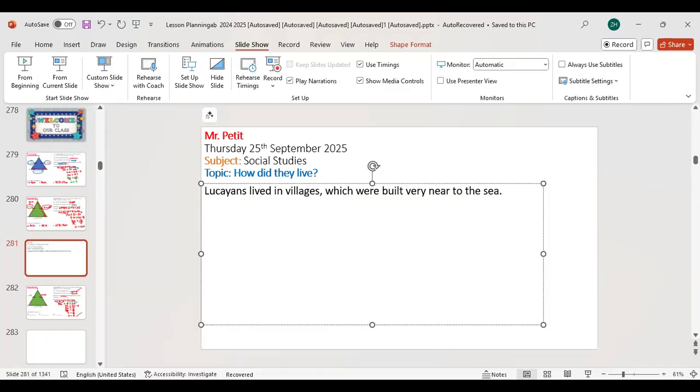Okay, right? The houses. So let's start with a cacique. Who is a cacique? The leader. Their leader, the leader of the Arawak village.